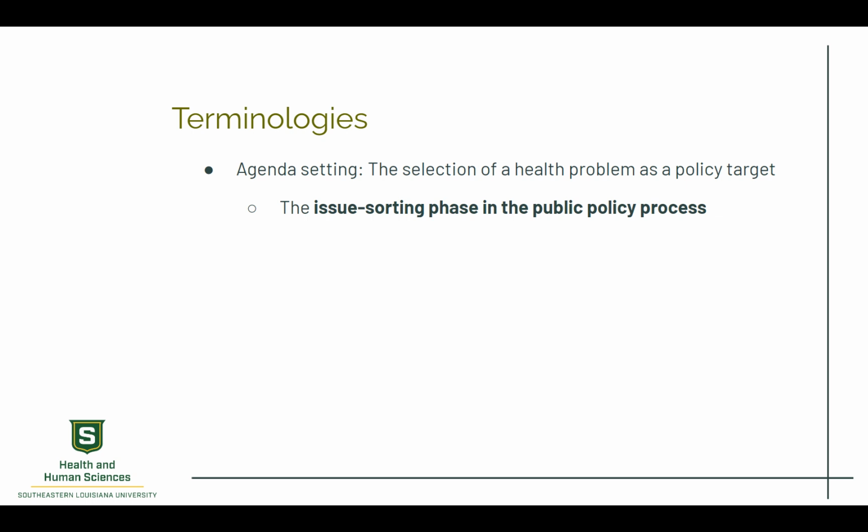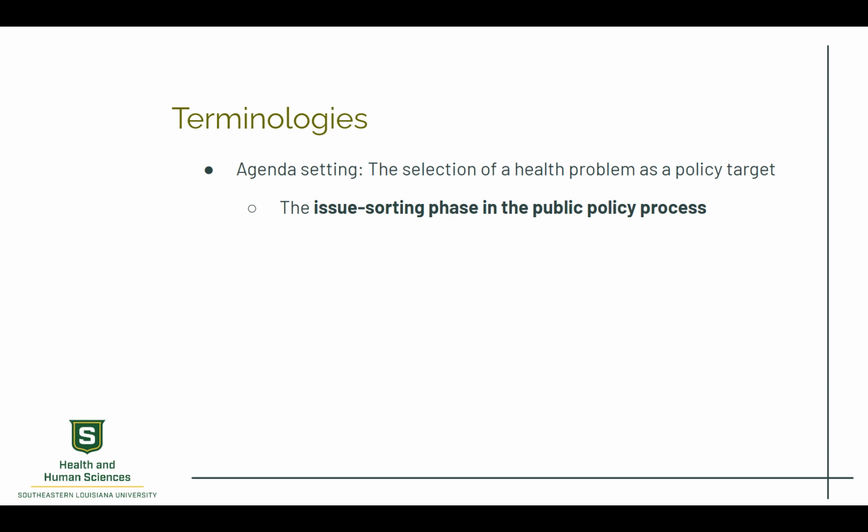And within agenda setting, that is where you have the issue sorting phase and the public policy issue process. When we say issue sorting, it's a little bit like putting a hierarchy on what we are going to focus on now. For instance, let's say there's a problem with diabetes, maybe there's a problem with COVID, there's a problem with, let's say, clean water.